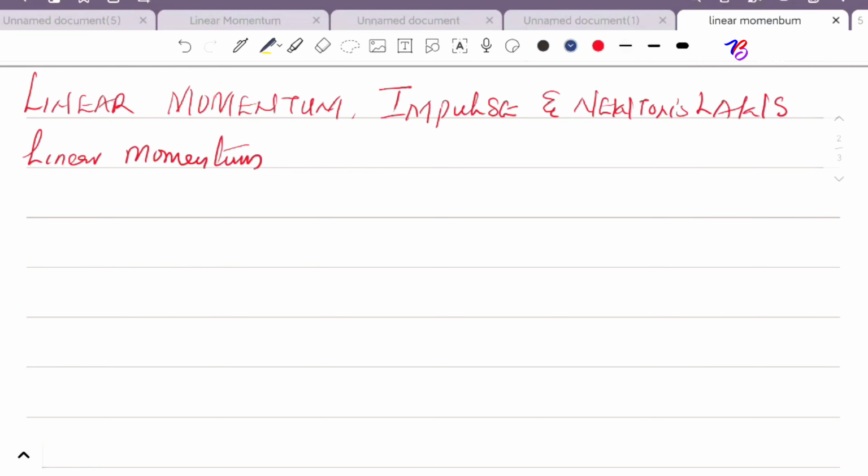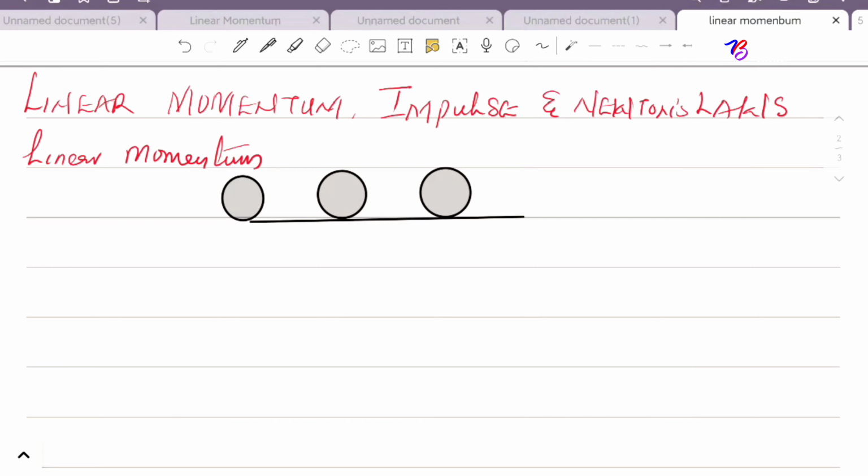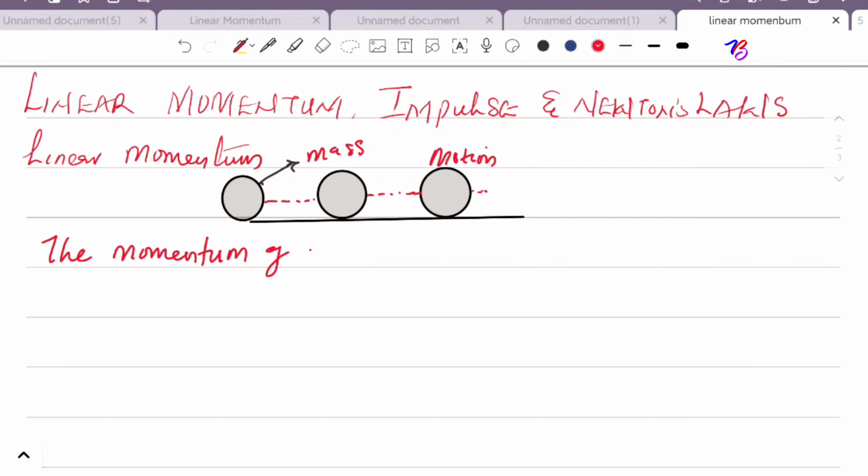Linear momentum, from the word, you can say it is a momentum in a straight line. For example, if you have this object, the same object represented in three places, the object of mass will change its position across this distance. When this object changes its position, it is known as momentum.